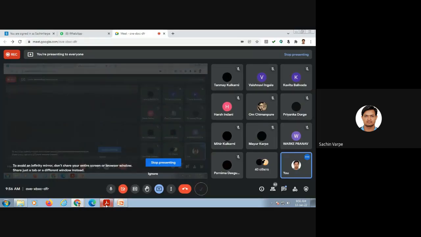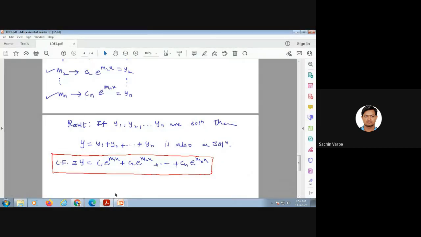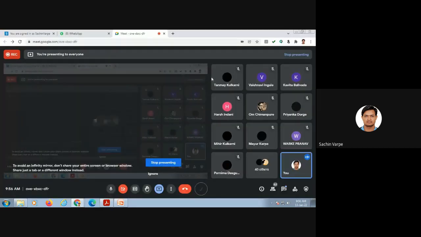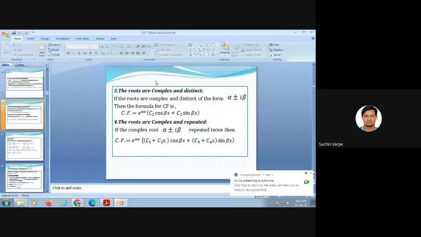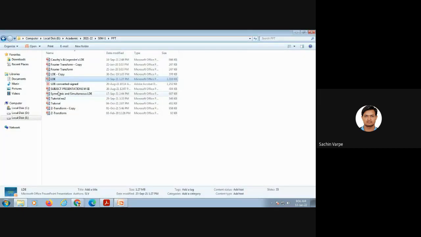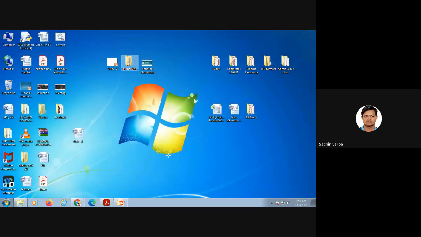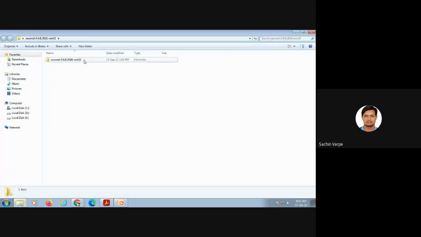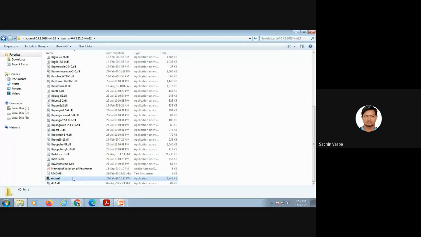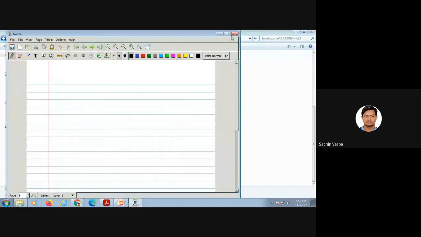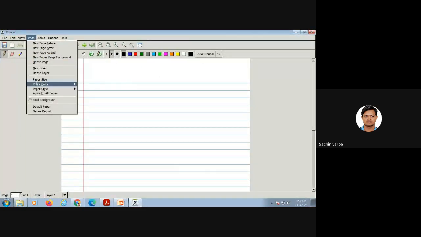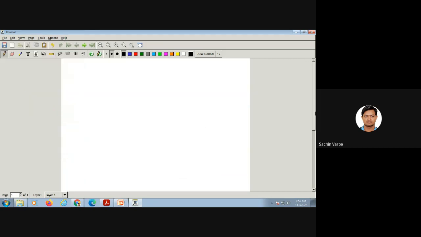Based on that, we have four formulas of complementary function. Let me show you. Depending upon the nature of roots, we have four formulas for the complementary function.